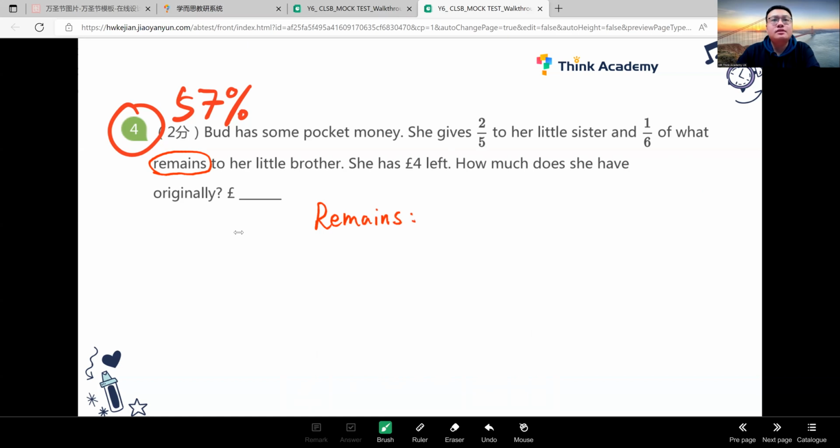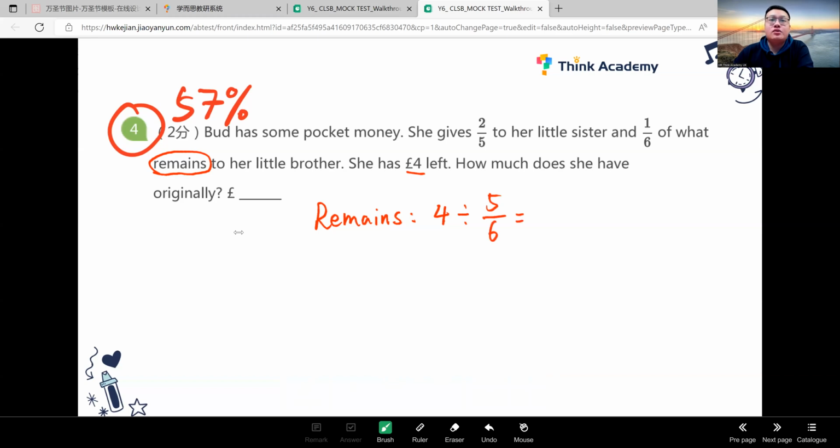For the remains, you have to use this £4, divided by the corresponding fraction. And you see, she gives 1/6 of that to her little brother. So for herself, she's going to have 5/6 left, right? So if you want to get the total, you need to use 4 divided by 5/6.